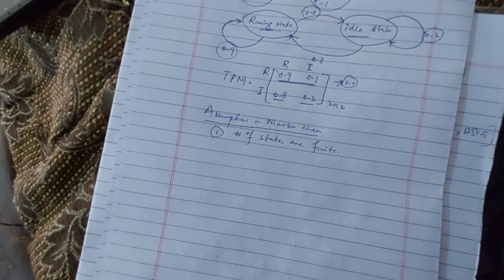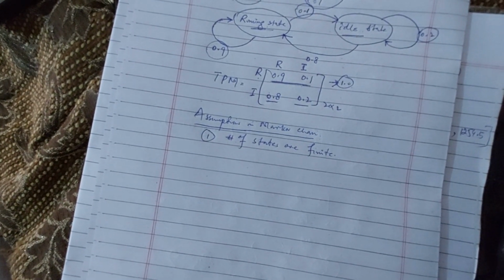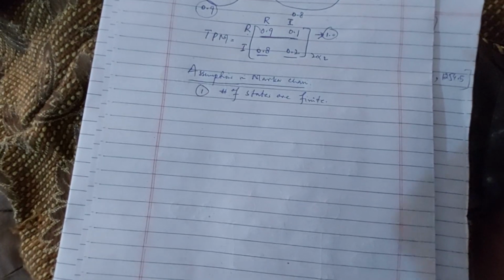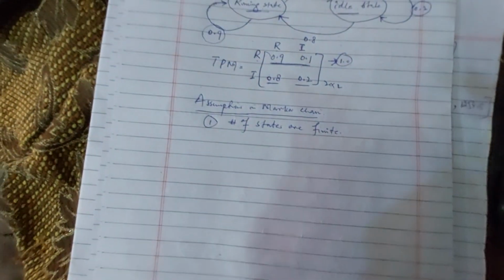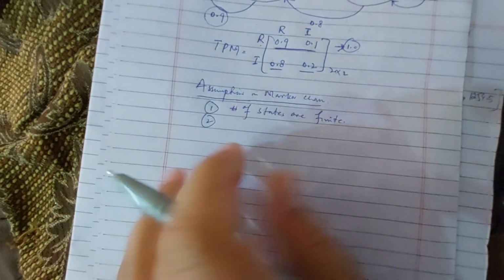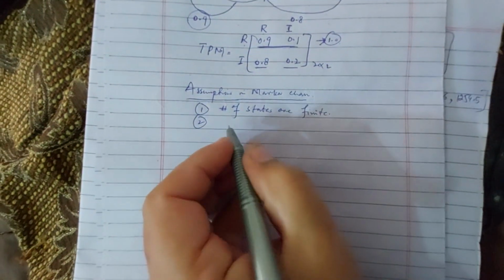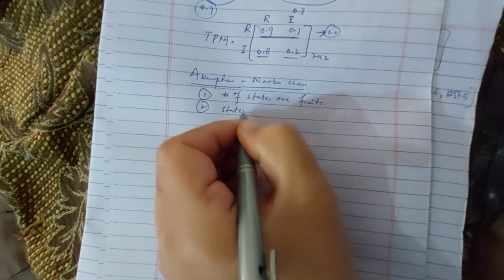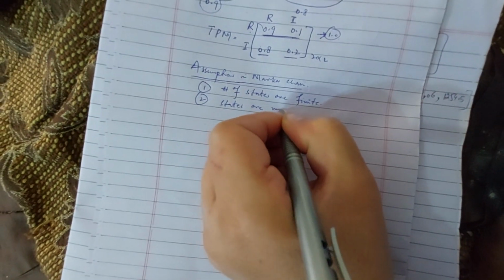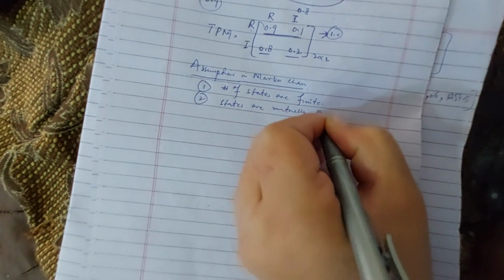We don't have an infinite number of states. The second assumption is that the states are mutually exclusive.